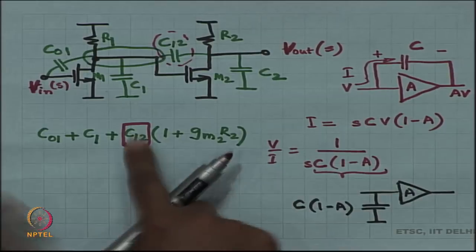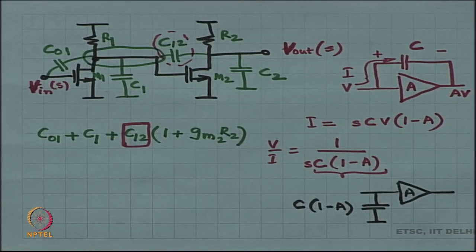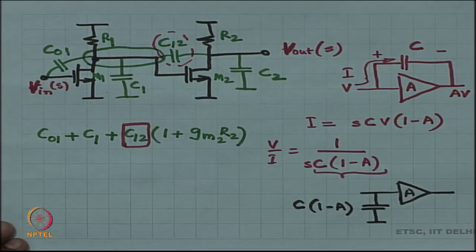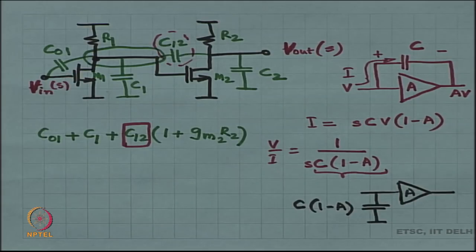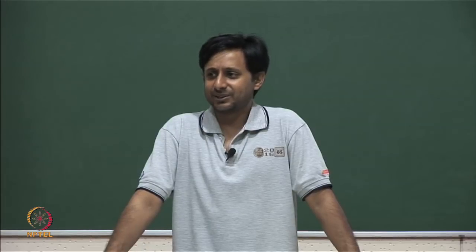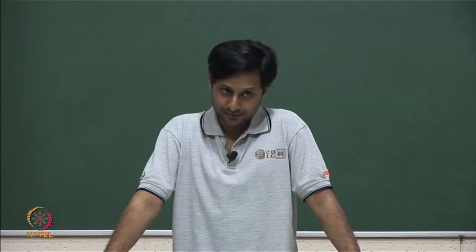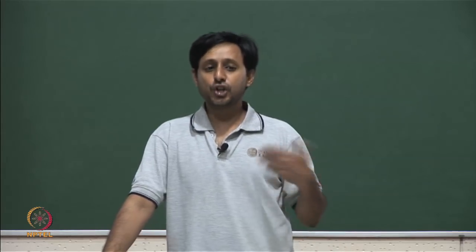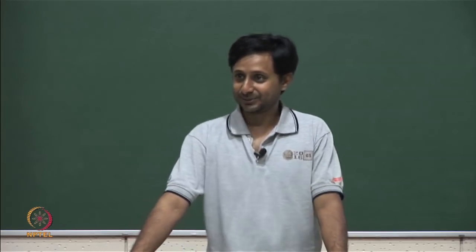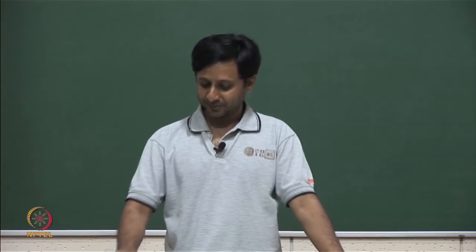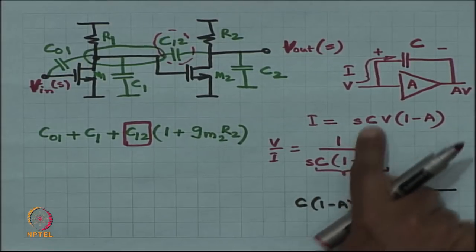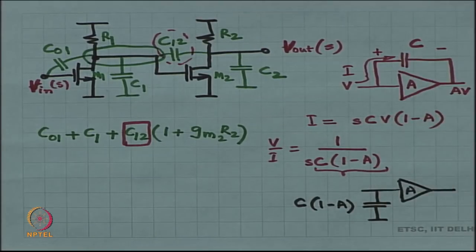So, clearly the ratio of first pole and second pole is very large, which means that the second pole itself is at a very high frequency. Now, what happens at high frequencies? At high frequencies, if you have big capacitors, they start behaving like short circuits, okay, because the conductance becomes so high, S times C is the conductance, right, of the capacitor.